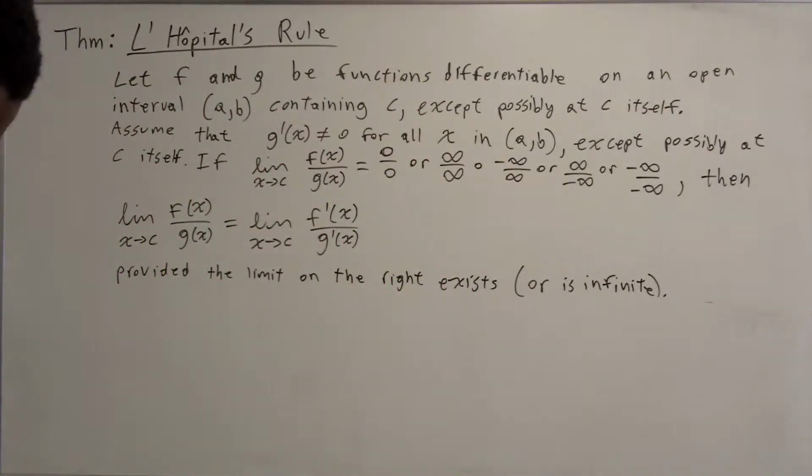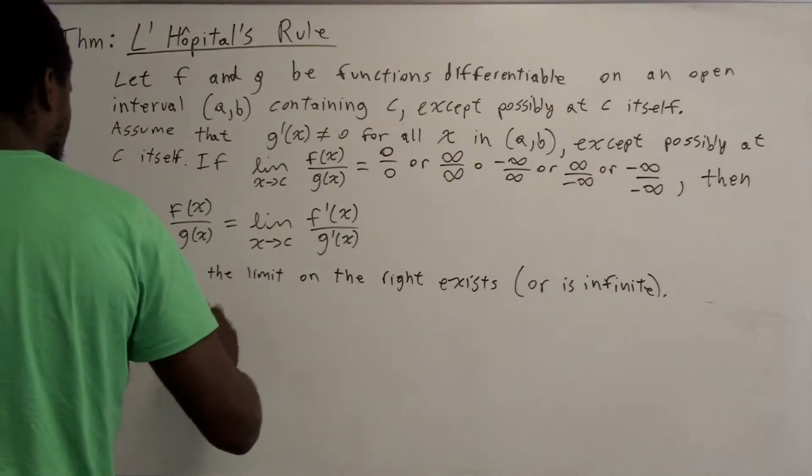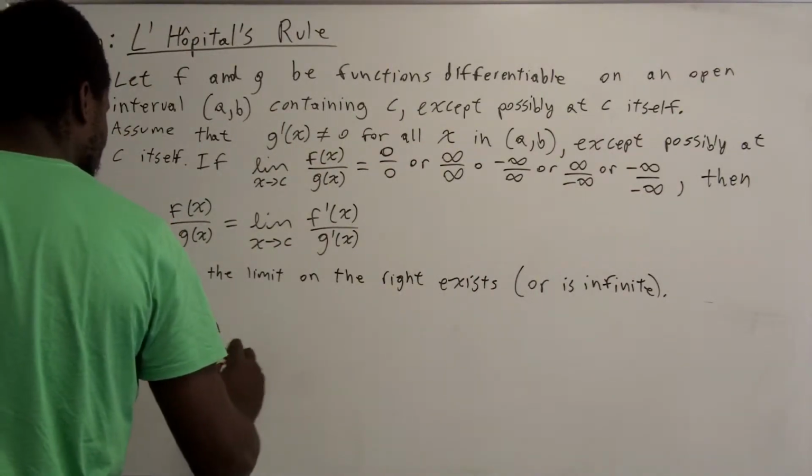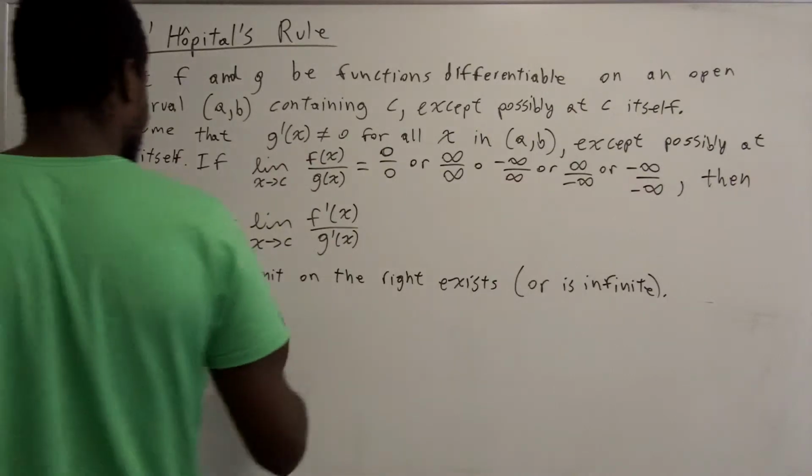All right, let's take a look at this example here. The limit as x approaches infinity, this is an infinite limit, of the natural log of x over x squared.